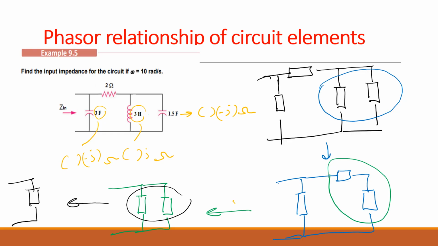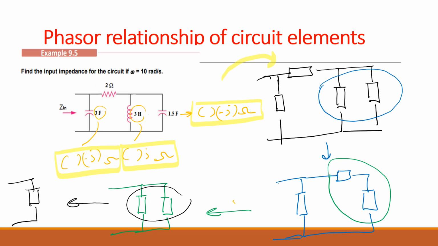So first thing is for you to convert all this to impedances. When you convert them to impedance, your capacitor will be something times negative j. So these are two capacitors, and the inductor will be something times j. They all are in ohms. So after you convert them to impedances, then you can draw it like this in this circuit.